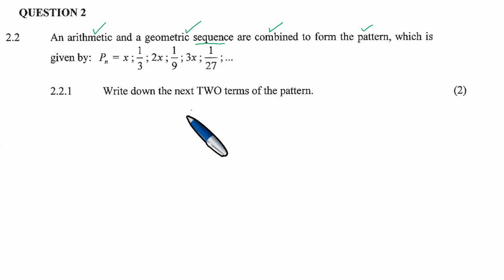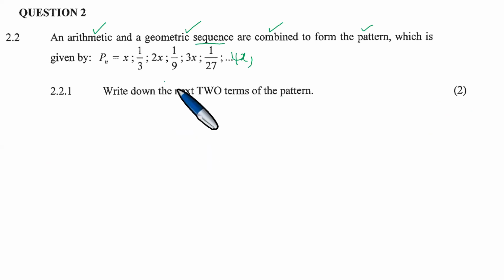You need to write down the next two terms of the pattern. Let's study the pattern here. You have x, after x is 2x, then 3x, then the next one must be 4x.